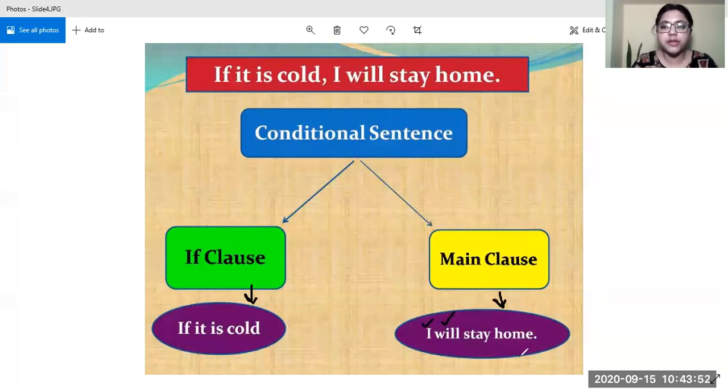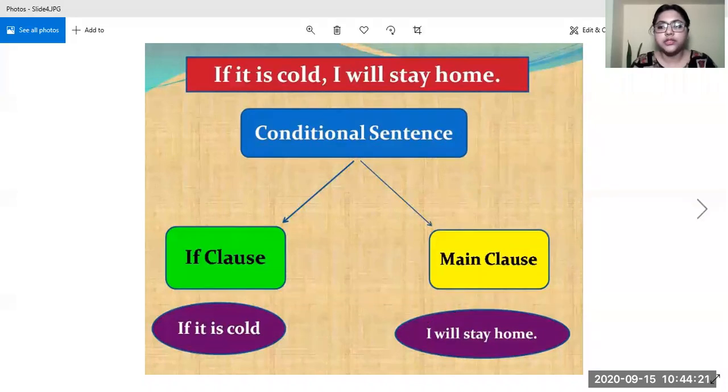I will stay home gives us a complete meaning and makes complete sense. Therefore, it is a main clause. And the if clause contains if, therefore it is known as the if clause, and obviously it is a dependent clause, while the main clause is an independent clause. This we already did when we were doing the chapter on clauses.